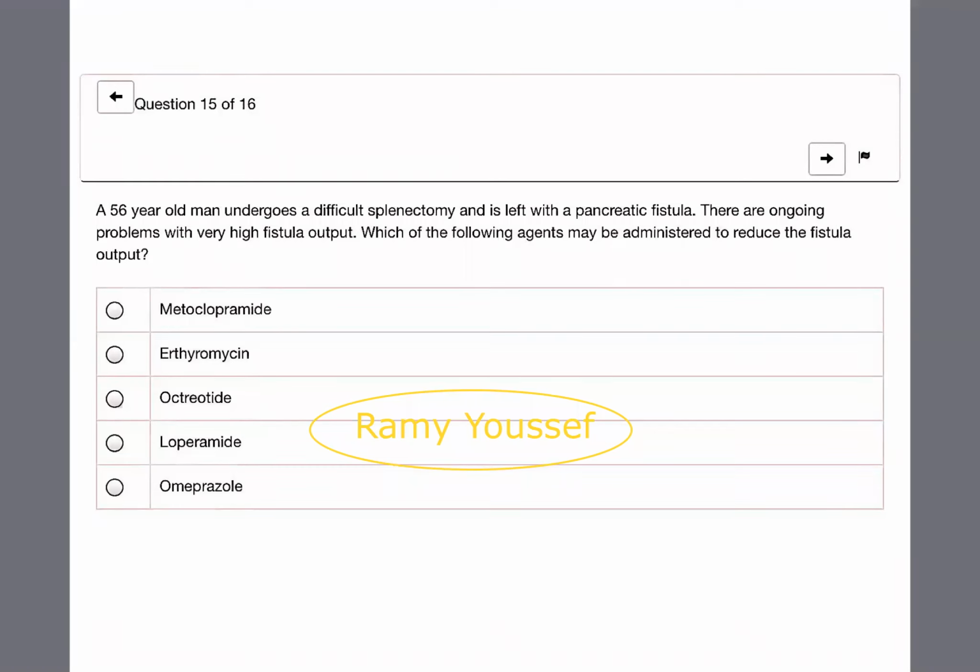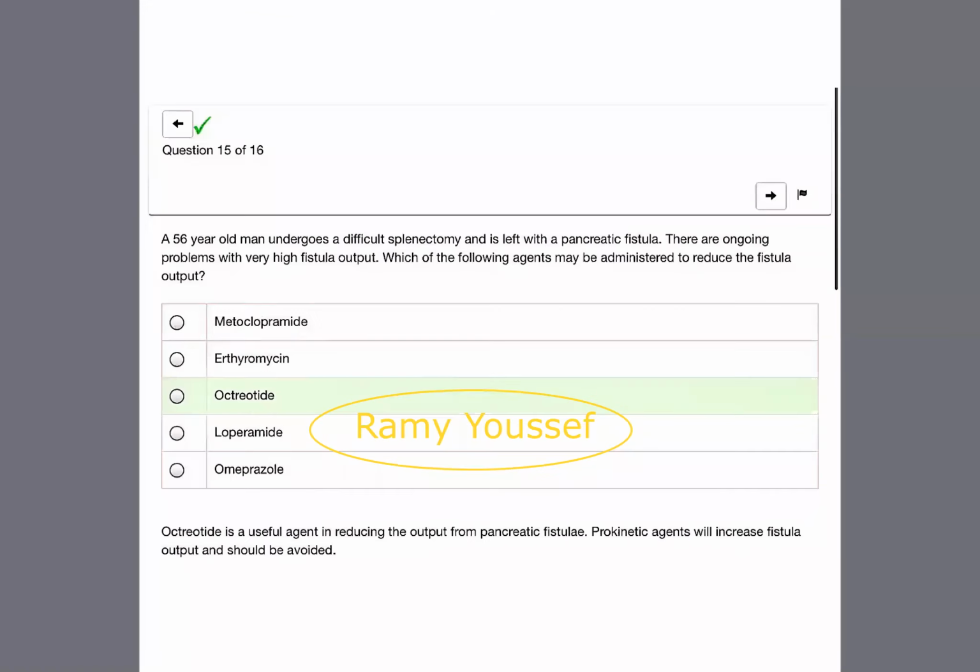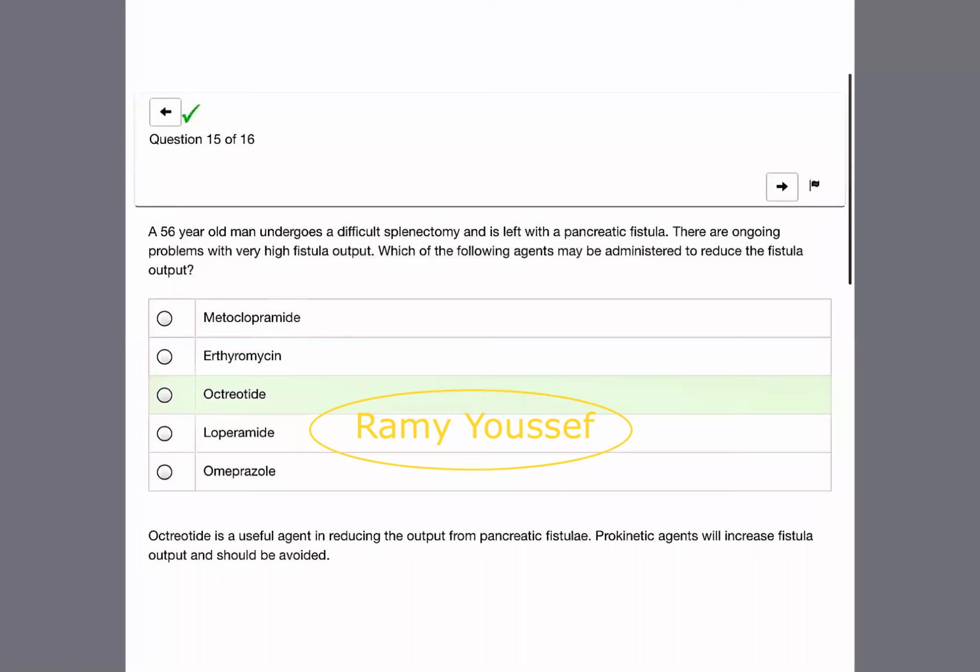We will give sandostatin, exactly, octreotide. Octreotide is a synthetic sandostatin, and it's very commonly used in any fistula to reduce all the secretions, pancreatic and all alimentary secretions.